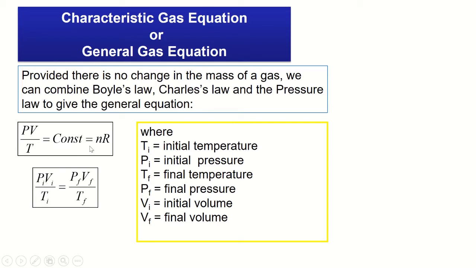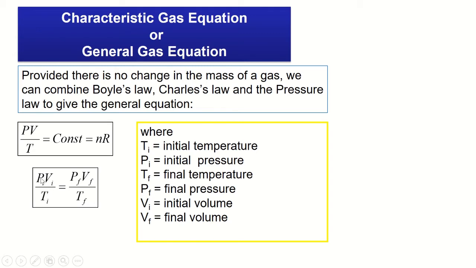Now by using this formula, the initial pressure Pi multiplied by Vi and divided by Ti is equal to Pf multiplied by Vf and divided by Tf.